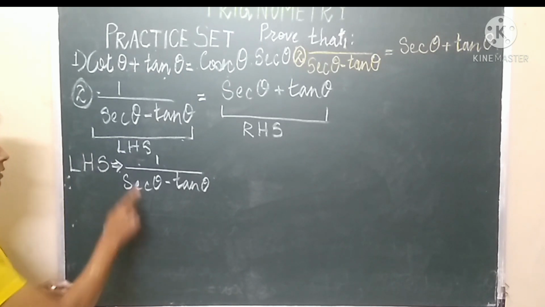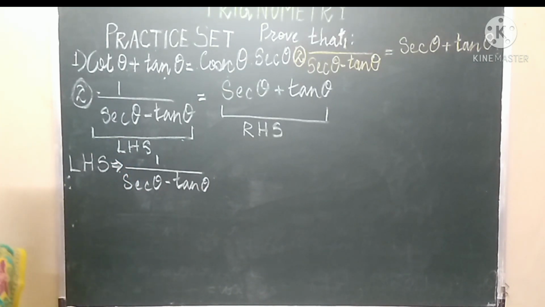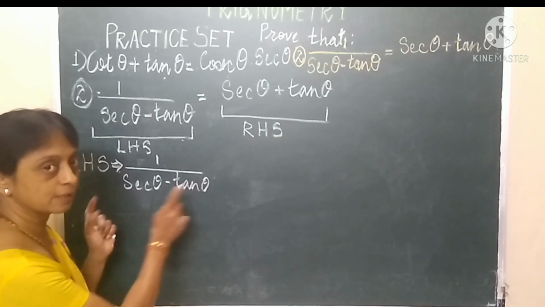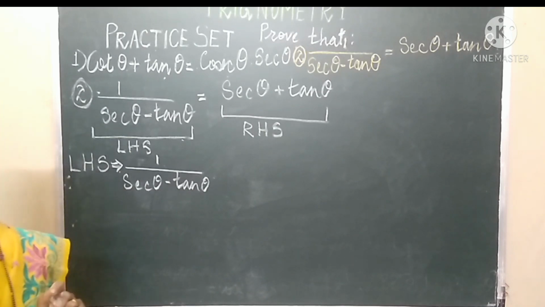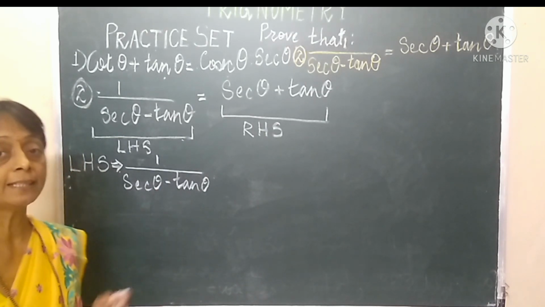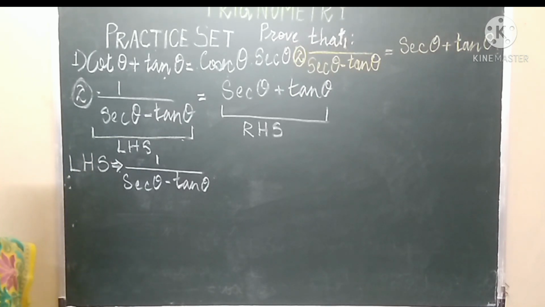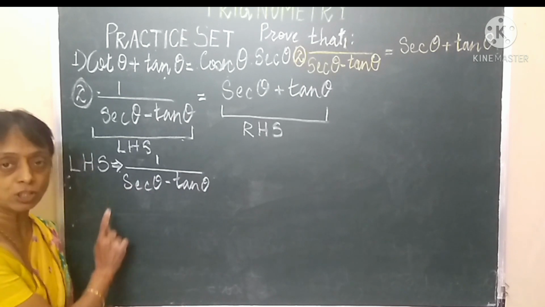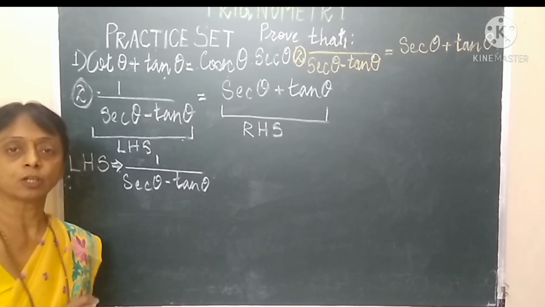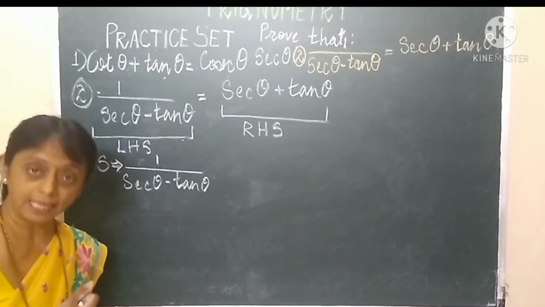Now, if we recall children, the expression in the denominator, as it is a binomial, the first step to simplify and move on with the calculations is to multiply this binomial with its conjugate. Now we have already seen what is a conjugate, children. If the expression is a minus b, the conjugate will be a plus b.